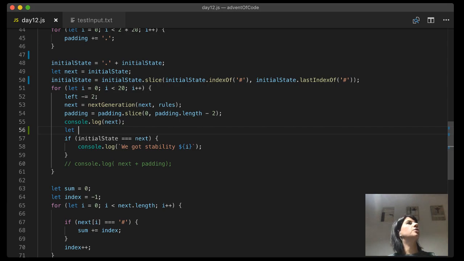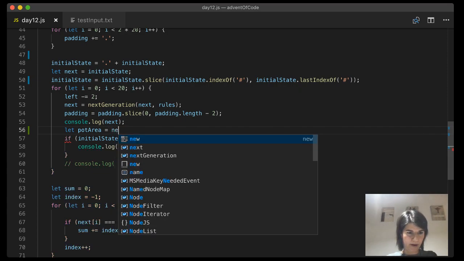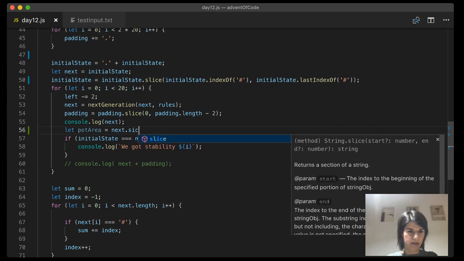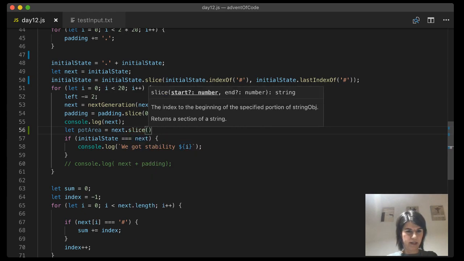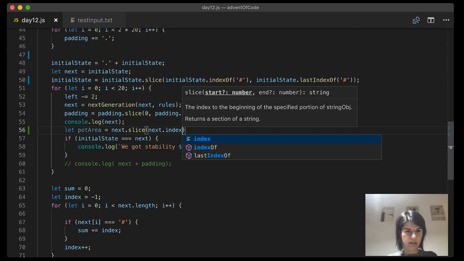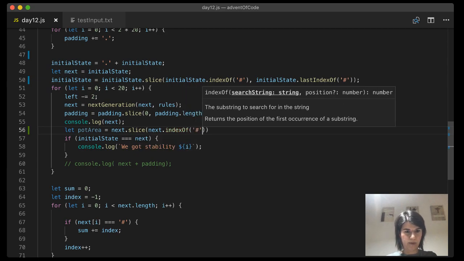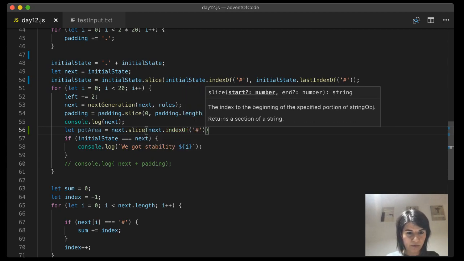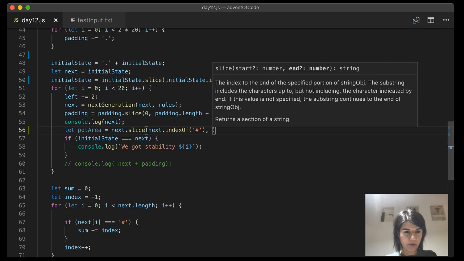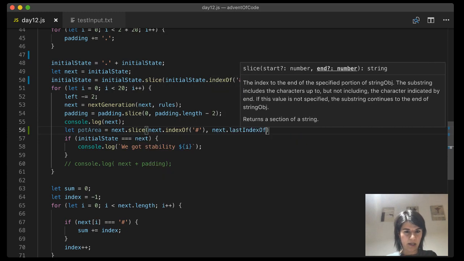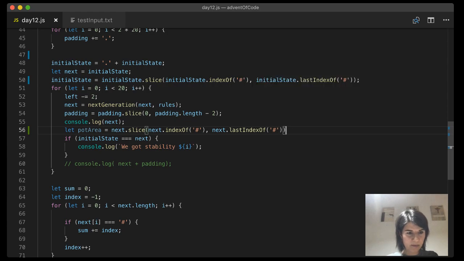Let pot area, do I like this name? Let pot area equal next dot slice, next dot index of the first plant to next dot last index of the last plant.